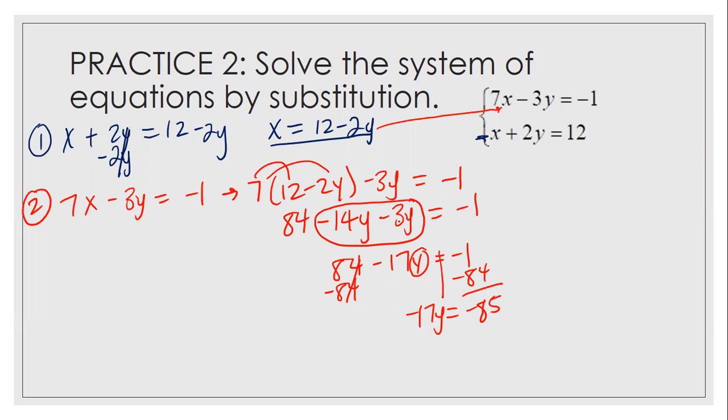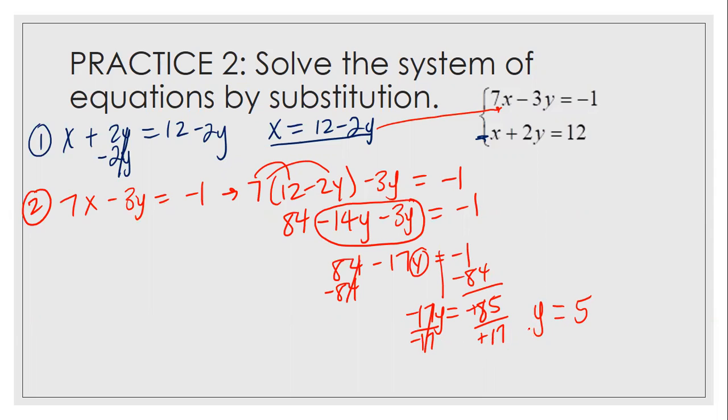Negative 14 and negative 3, they're the same sign. So that means you're combining them. Opposite signs you subtract. Same sign you combine. And then we divide by negative 17. And negative divided by negative is a positive. And we get y equals 5.